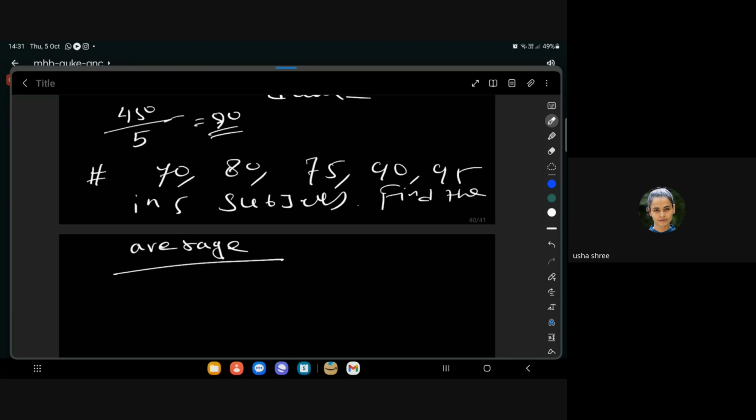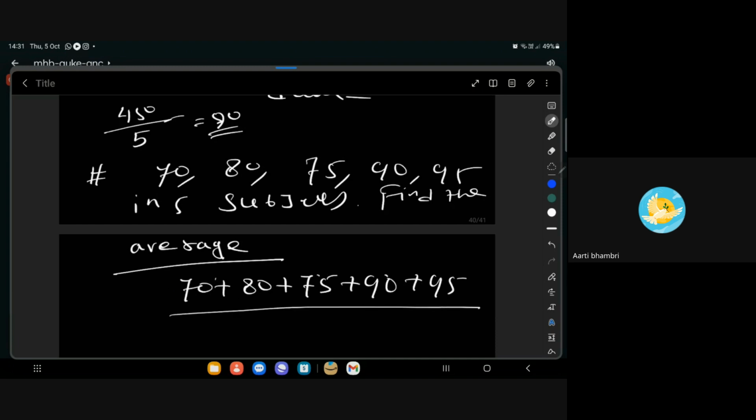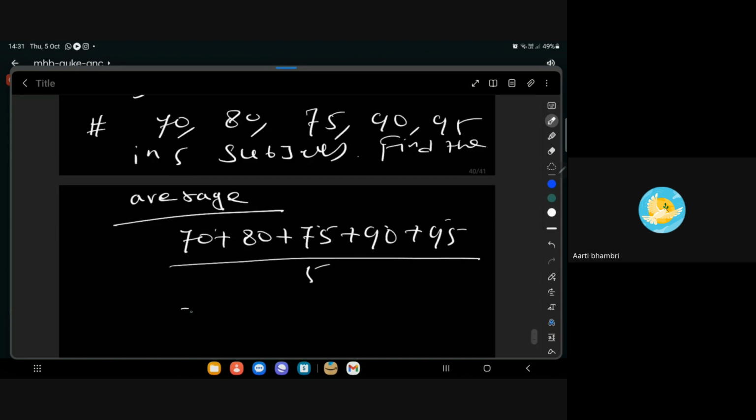It will be 70 plus 80 plus 75 plus 90 plus 95 divided by 5. The sum of those observations is 410, and 410 divided by 5 is 82. So it will be 82.